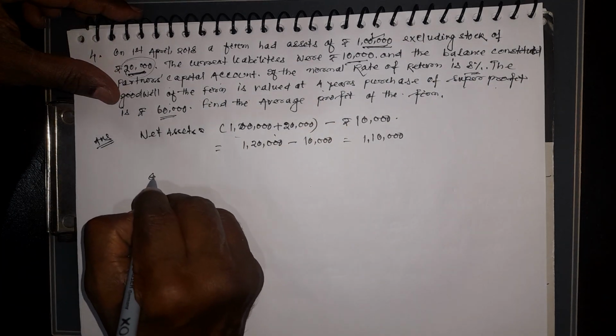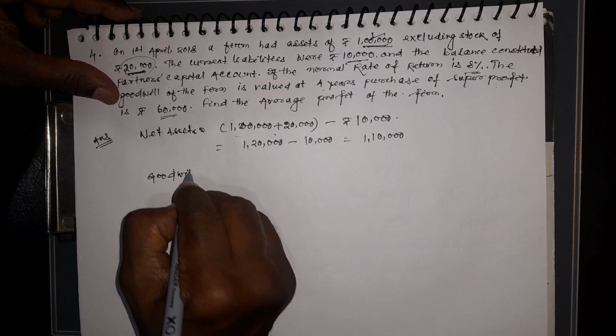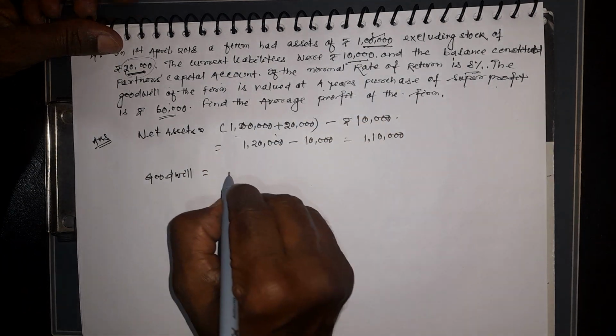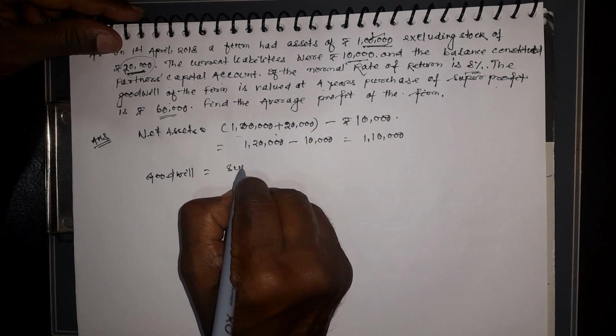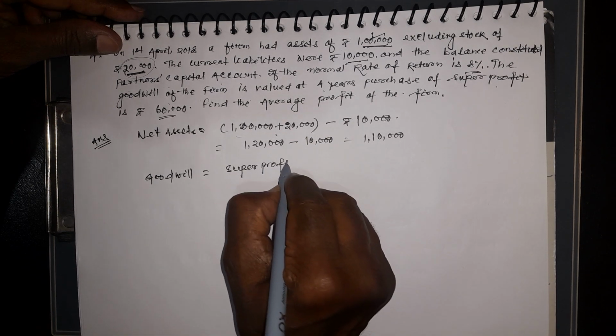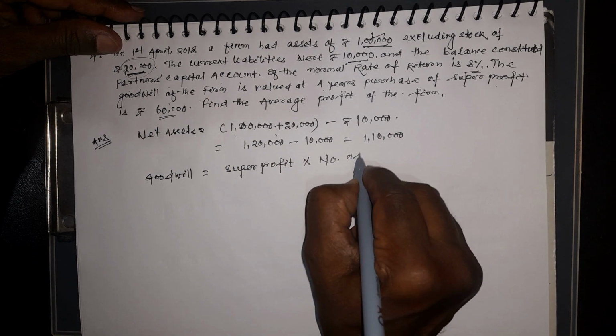Here goodwill value is given. Goodwill equals 4 years purchase of super profit. So super profit into number of purchase years. This is the formula.